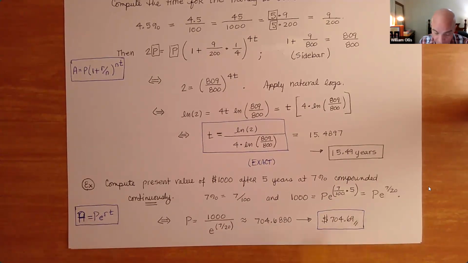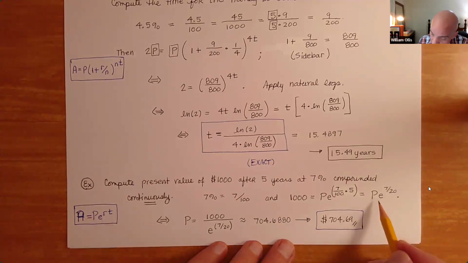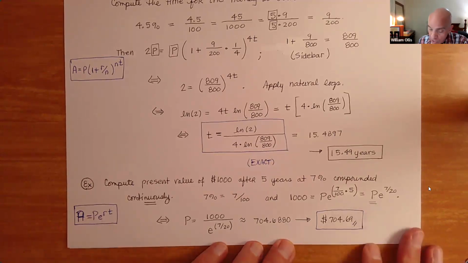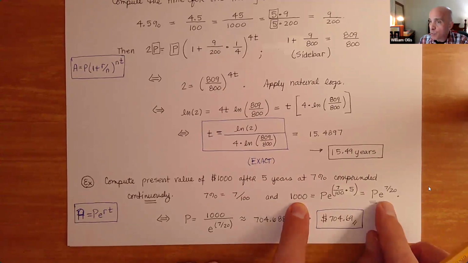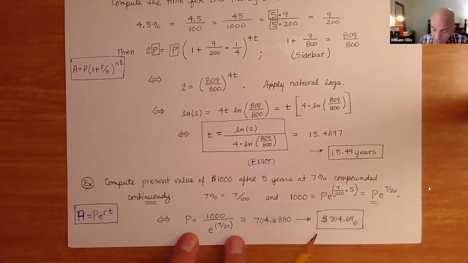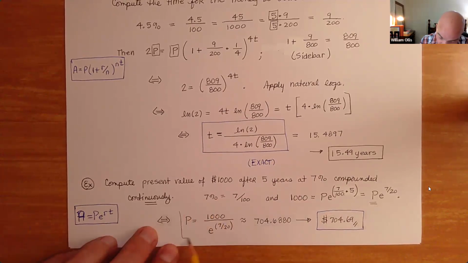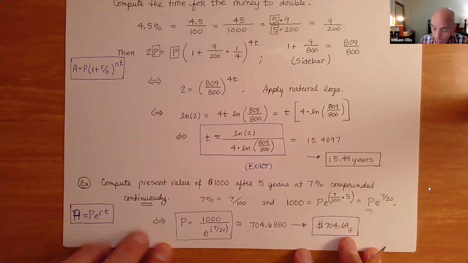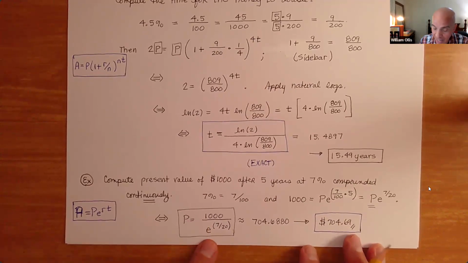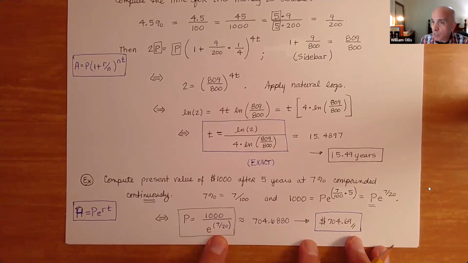And so now, like we have over here, we want to solve for P. So we simply divide 1,000 by E raised to the 7 over 20 power. So exactly, we get P equals the future value or amount, 1,000, divided by E to the 7 over 20 power.